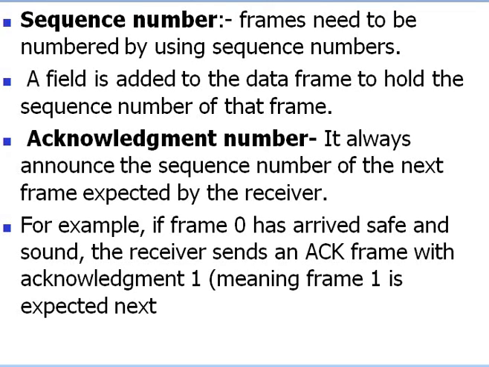A field is added to the data frame to hold the sequence number of that frame, and at the receiver side, an acknowledgement number is given. It always announces the sequence number of the next frame expected by the receiver. For example, if frame 0 has arrived safely and the receiver sends an acknowledgement frame with acknowledgement number 1, it means frame 1 is expected next.